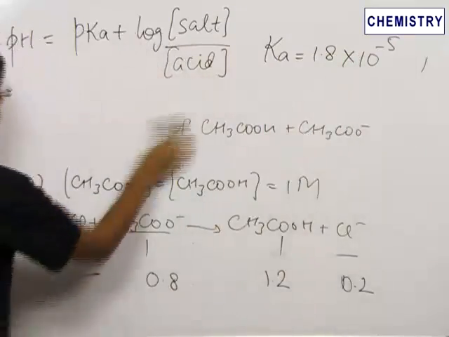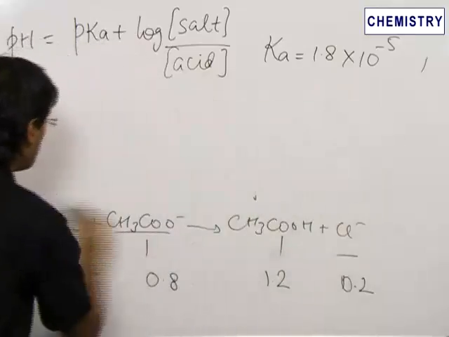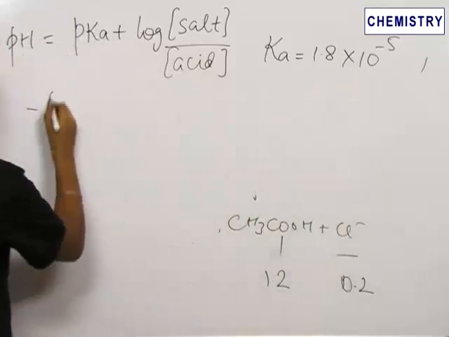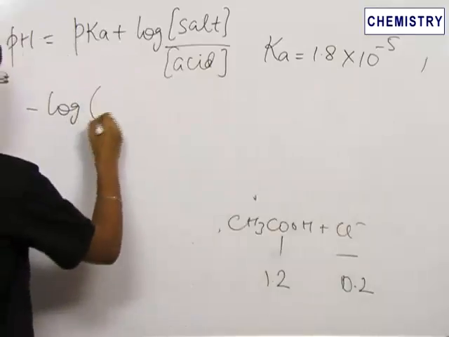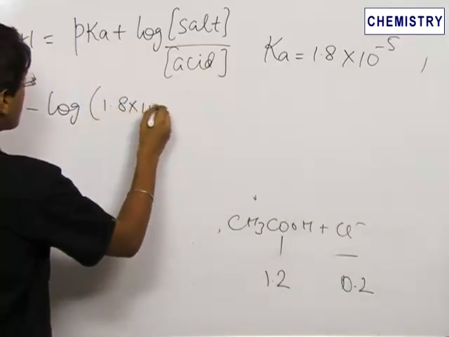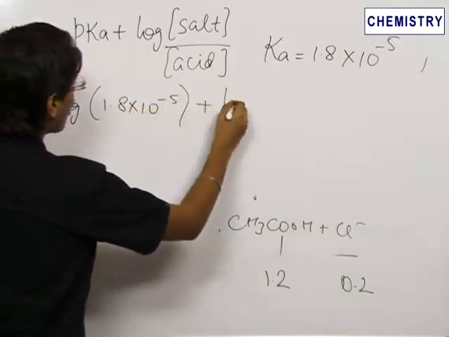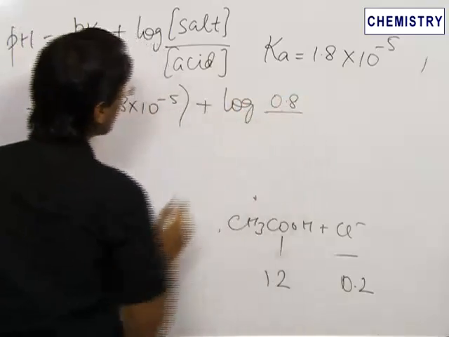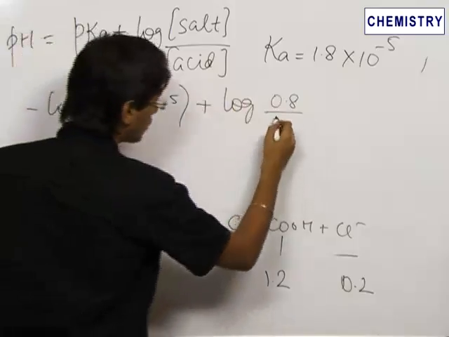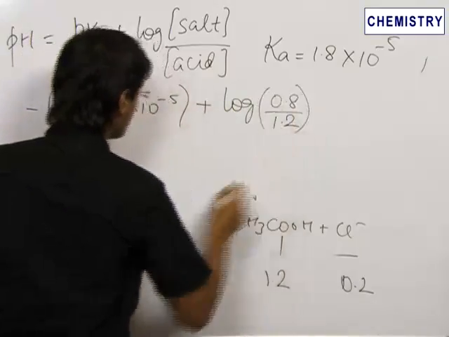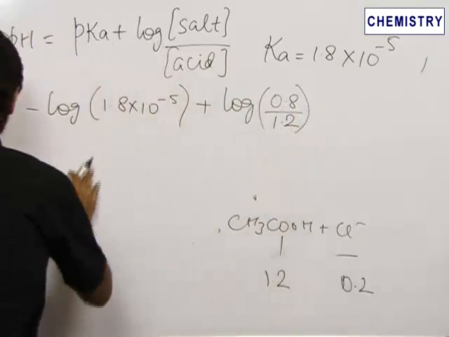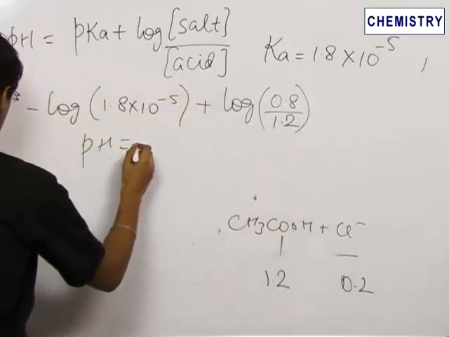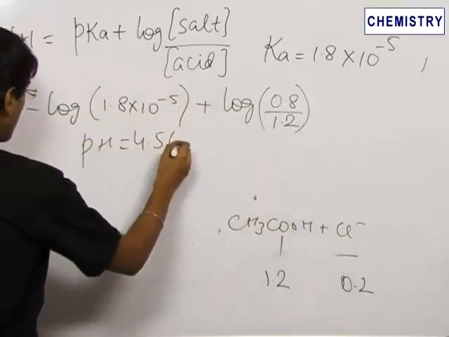So we can calculate pKa to be equal to minus log of Ka, that is minus log 1.8 into 10 power minus 5, plus log of salt which was acetate ion, that is 0.8, divided by the acid which was acetic acid concentration, that is 1.2. On solving this, the pH comes out to be equal to 4.5686.